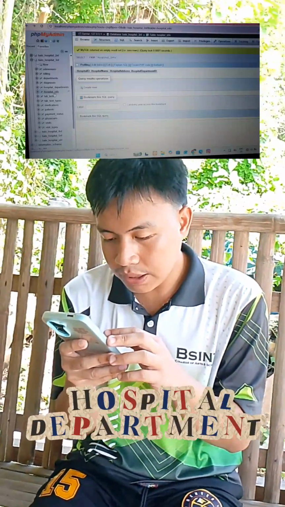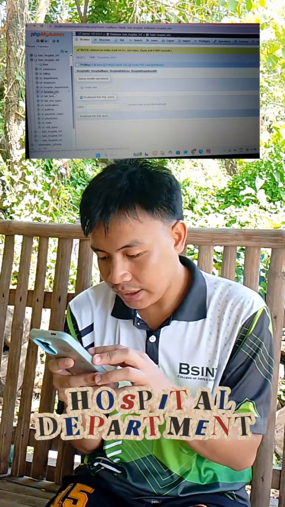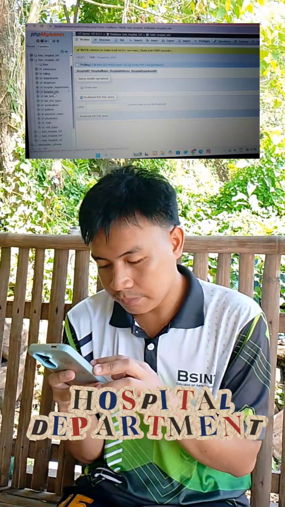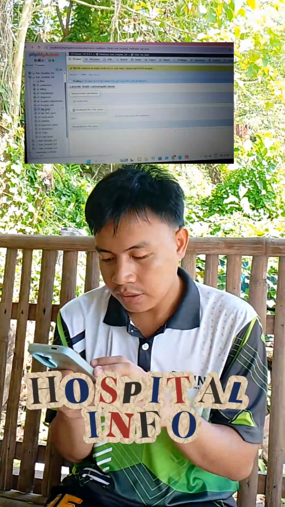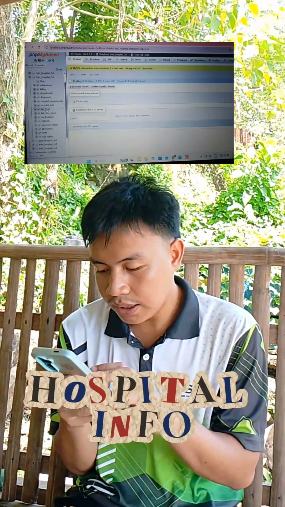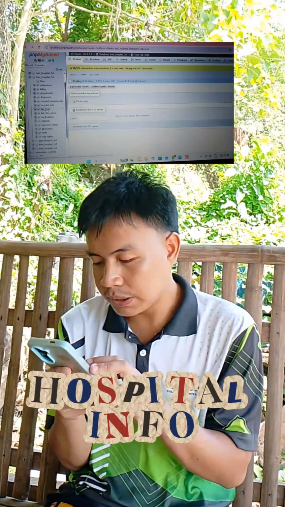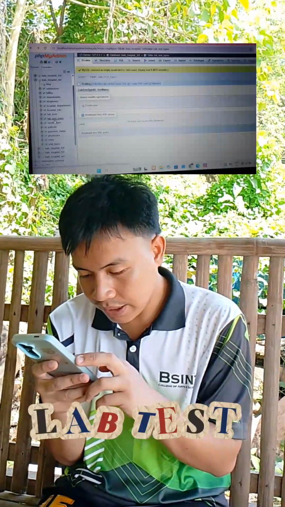Inside the hospital department there is a hospital ID, department ID, and department name. Next is hospital info. Inside the hospital info there is a hospital ID, hospital name, hospital address, and hospital department ID.